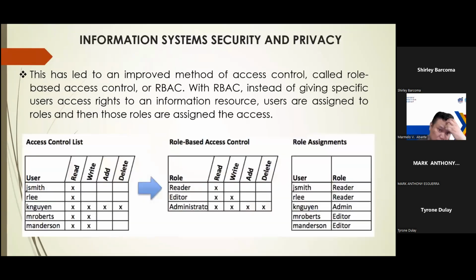Here is the figure of ACL, and then role-based access control and the role assignments of each user. This allows administrators to manage users and roles separately, simplifying administration and, by extension, improving speed.